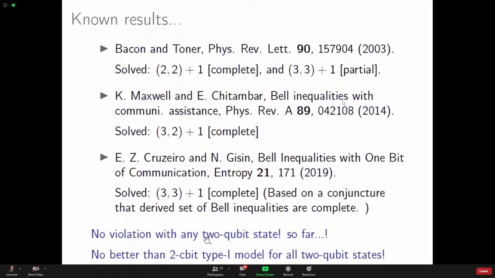On the other hand, if this keeps failing, one would expect that maybe there is a better than 2-qubit type 1 model for 2-qubit states. But this is also open. Till now, no one has come up with a 2-qubit type 1 model for all 2-qubit states.